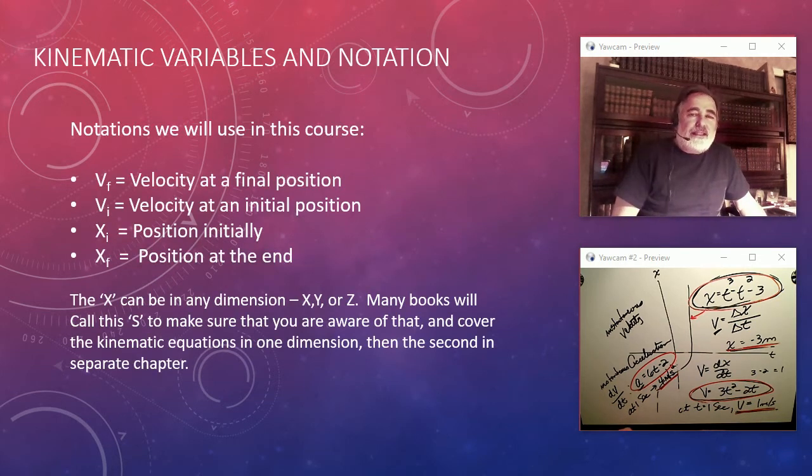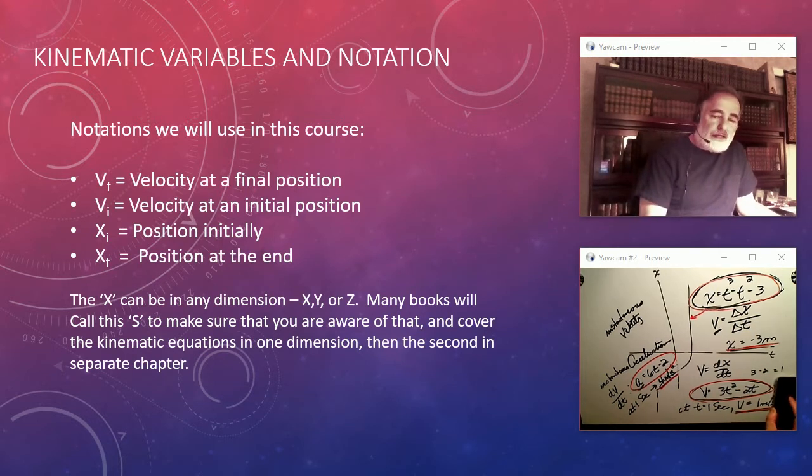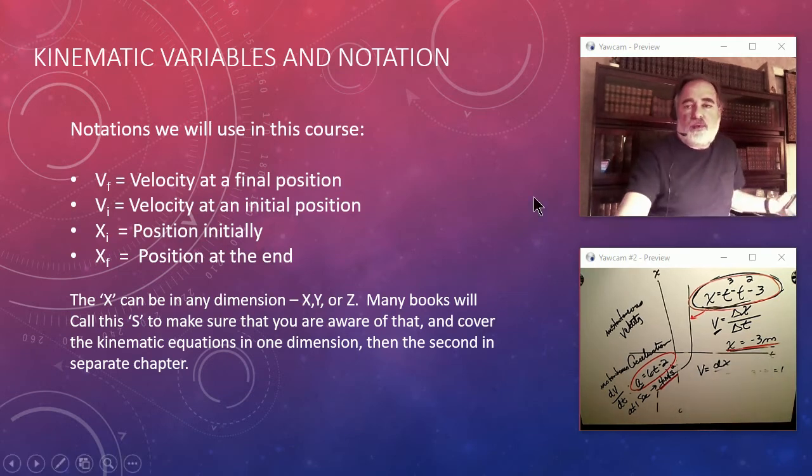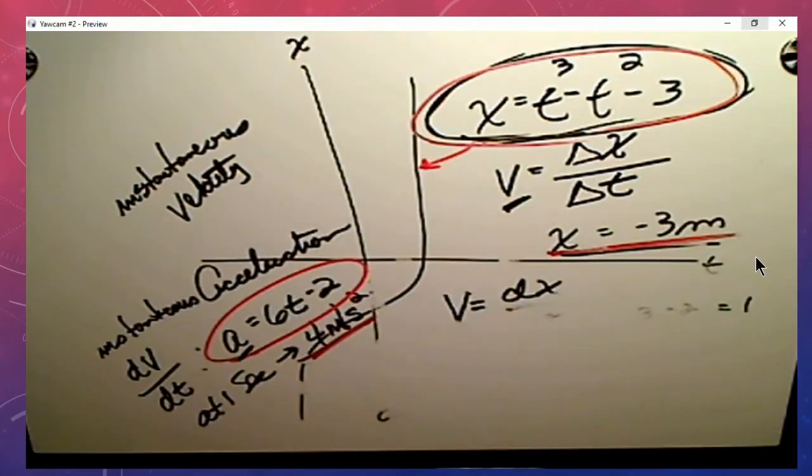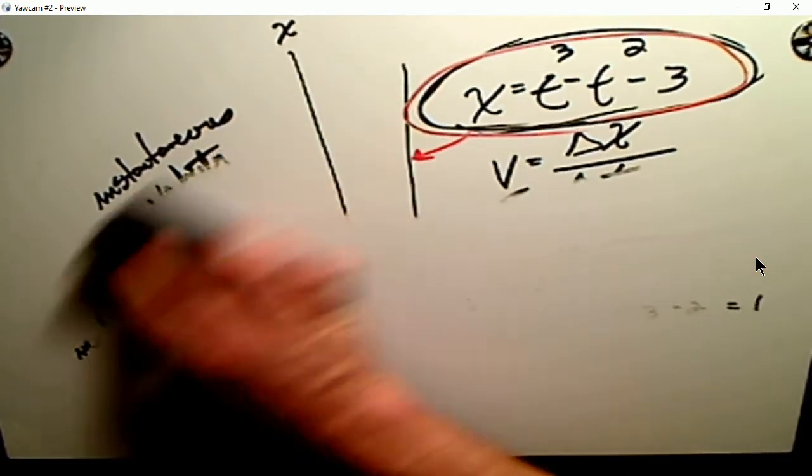So that's the notation that we're going to use in this course. Now, let me just give you a brief example of how that notation would come in to these problems.